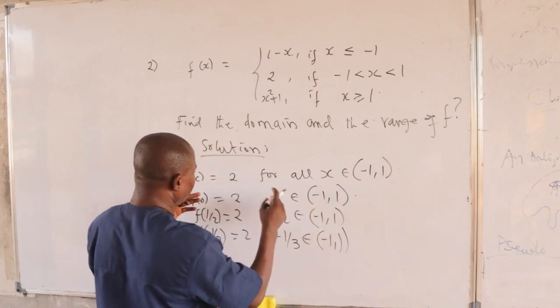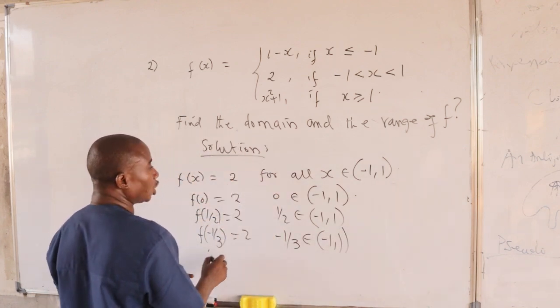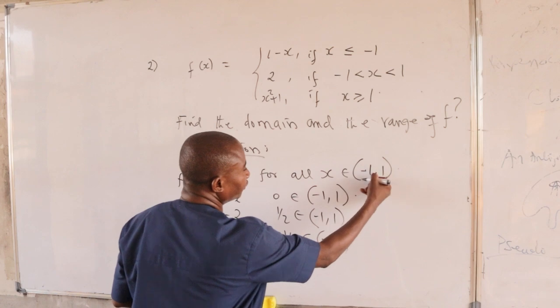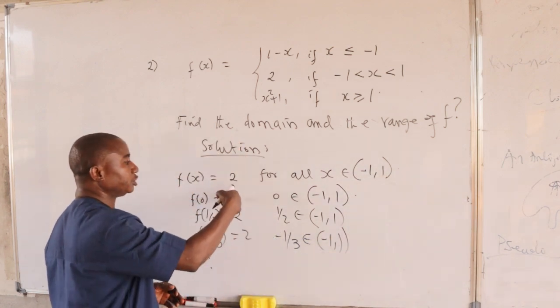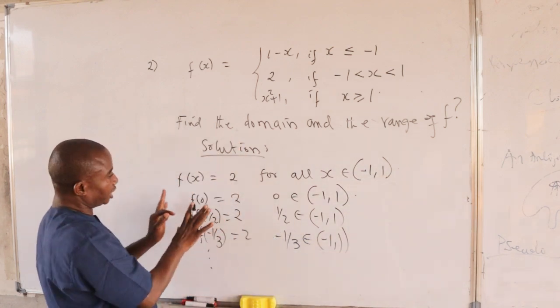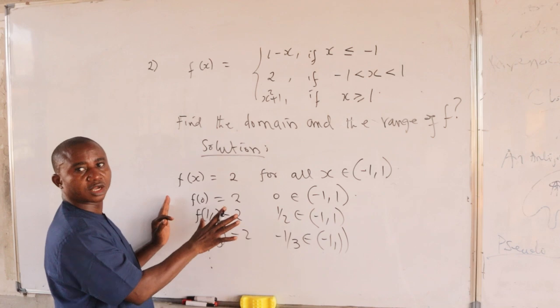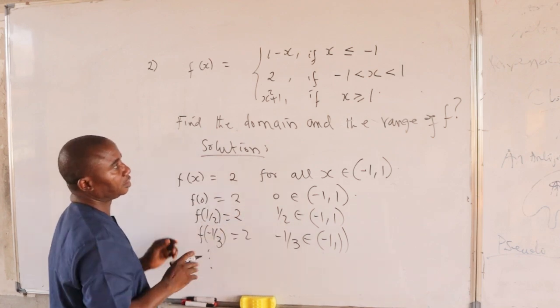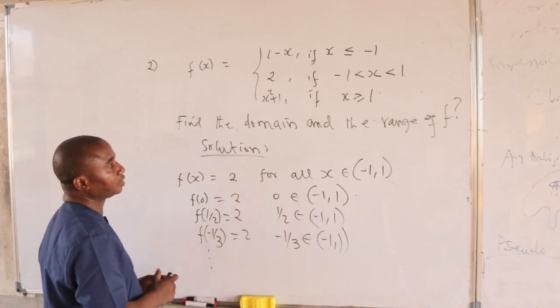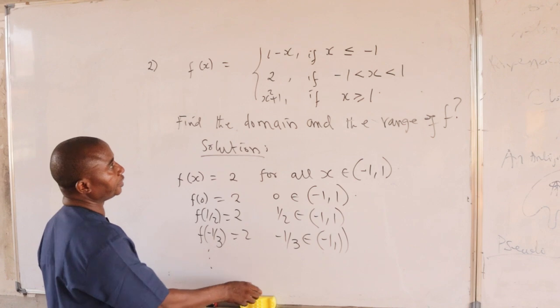So if this continues until you exhaust all elements of this interval, you continue to get 2, 2, 2, 2. So that function is a constant function. This is an example again of what a constant function is.